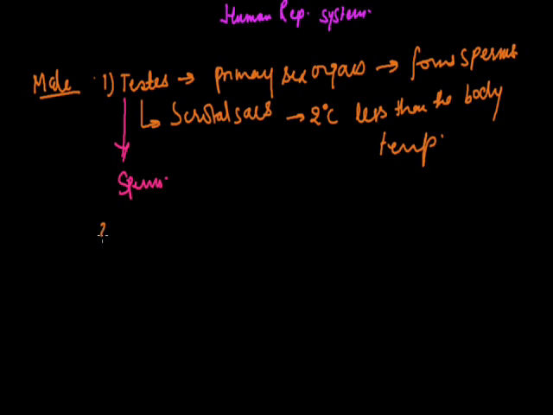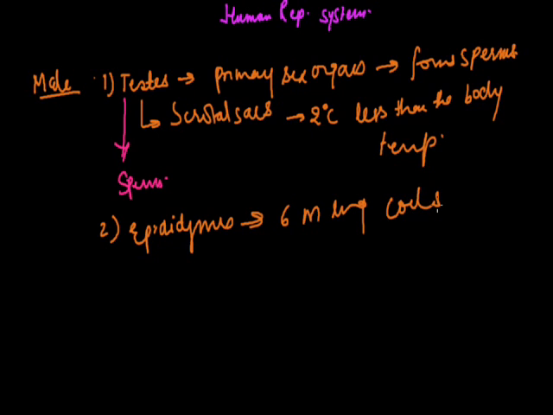The second part of the male reproductive system is the epididymis. This is an elongated flattened structure formed of a 6-meter long coiled tube which is attached to the testes. The third part includes vasa deferentia.